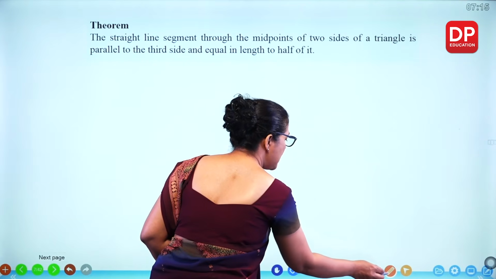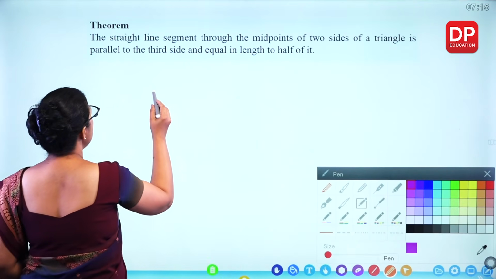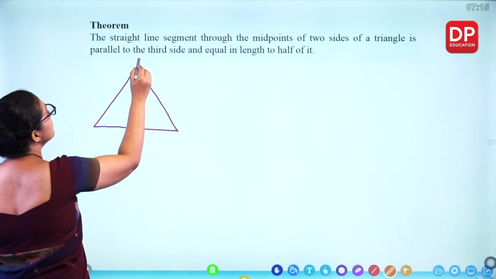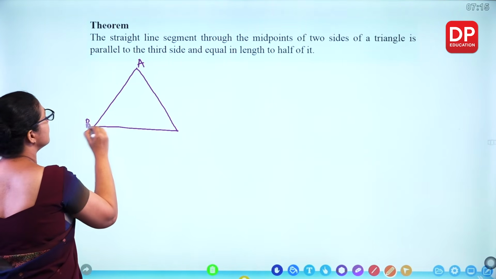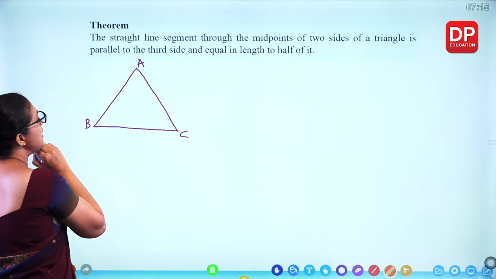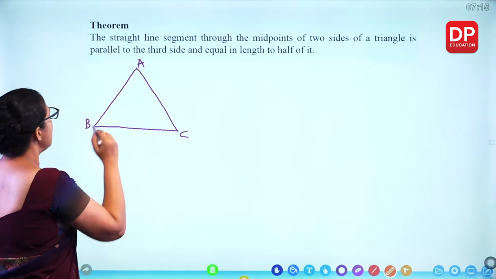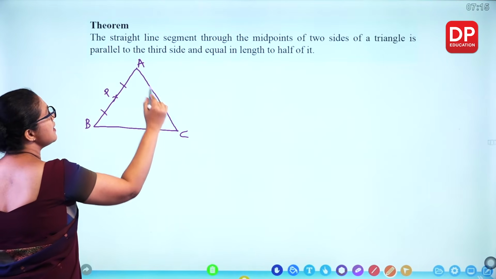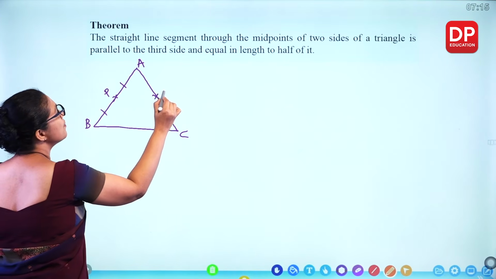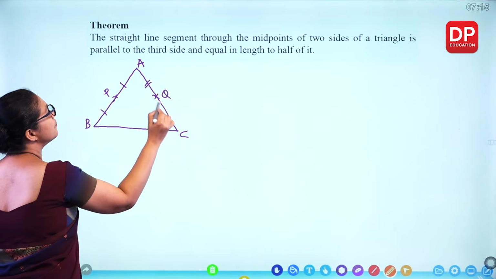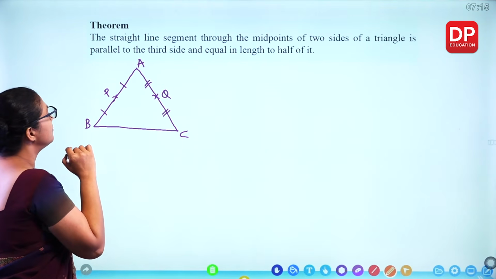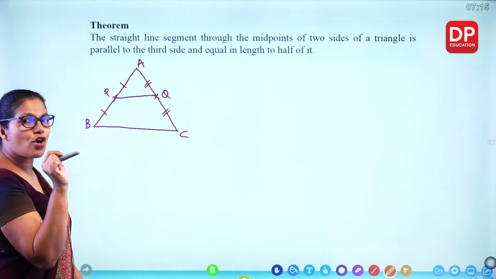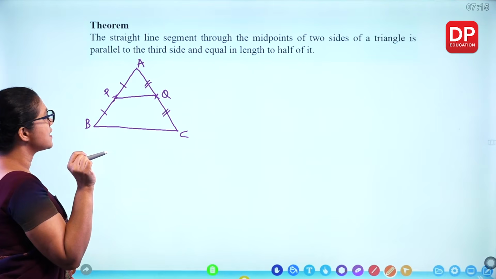So first thing, you need to take a triangle ABC. And we'll take AB midpoint is P and AC midpoint is Q. And PQ is the line segment joining the midpoints.